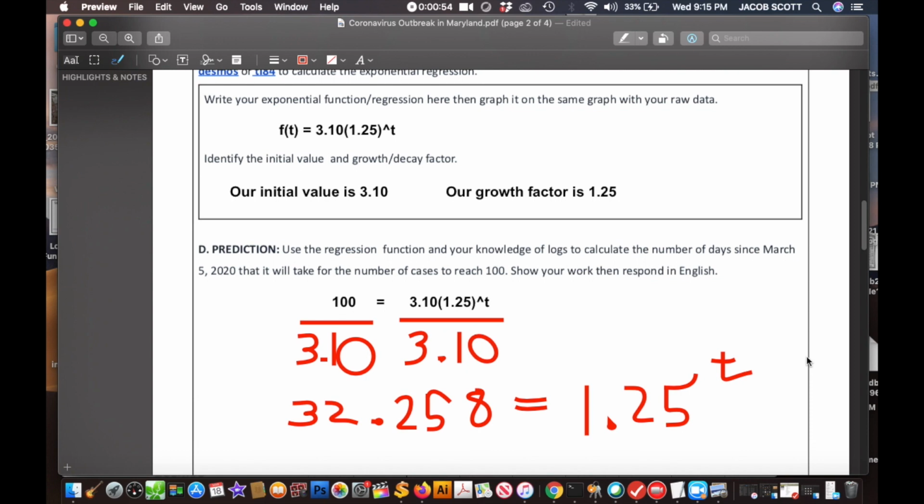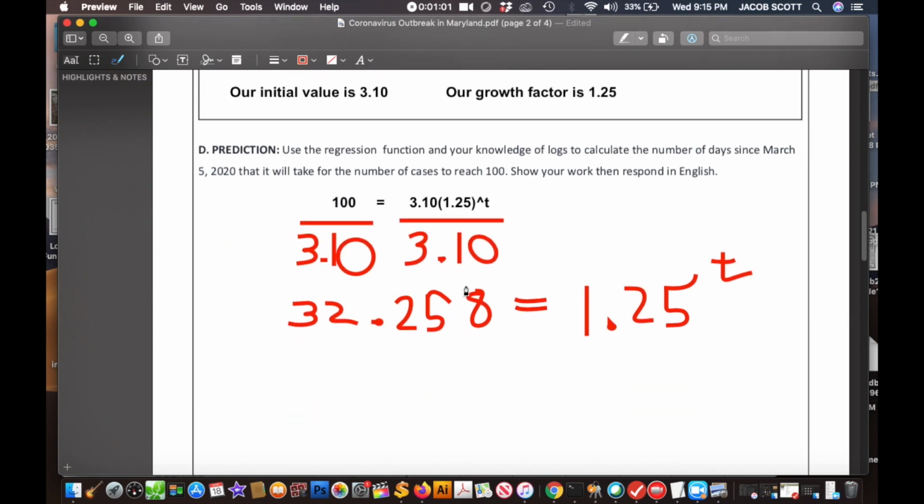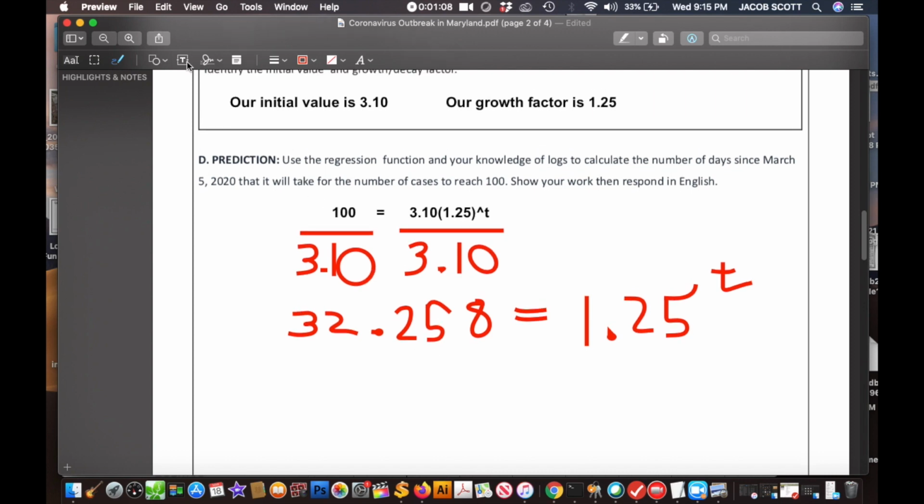All right, so the next thing I'm going to do is I need to hit both sides with a log. Remember, when we have our variable up in a tree, we want to knock it down. We need to hit both sides with a log. And I'm not even going to try writing this thing. I'm going to go ahead and type it.